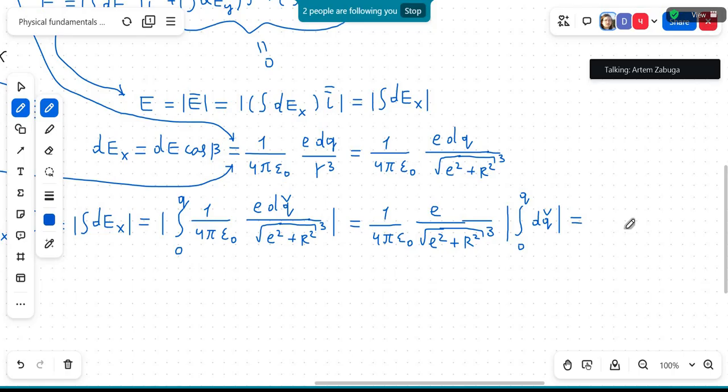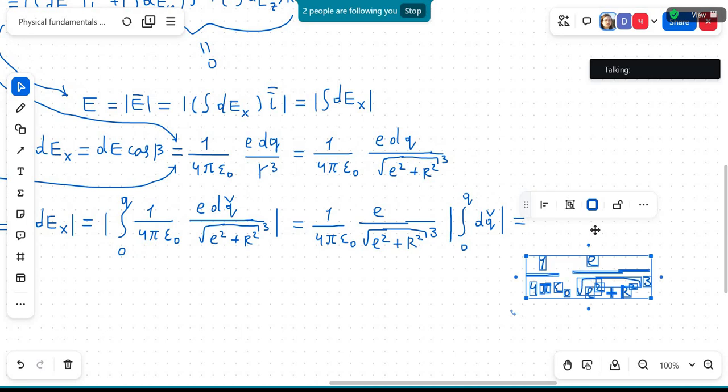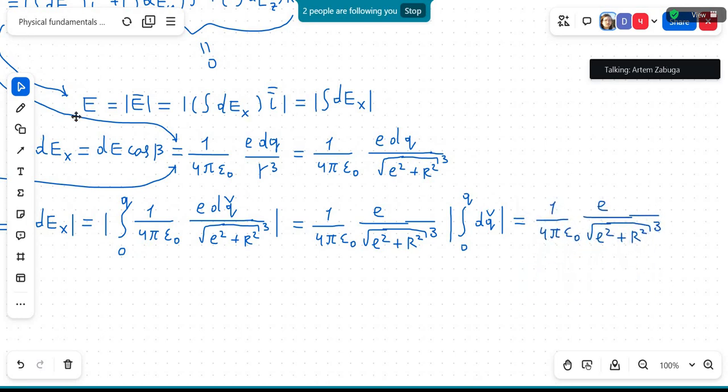It will be just the absolute value of charge q. So here we have just this, and the absolute value of charge q.